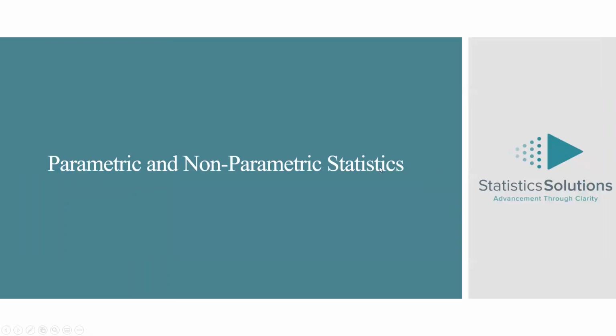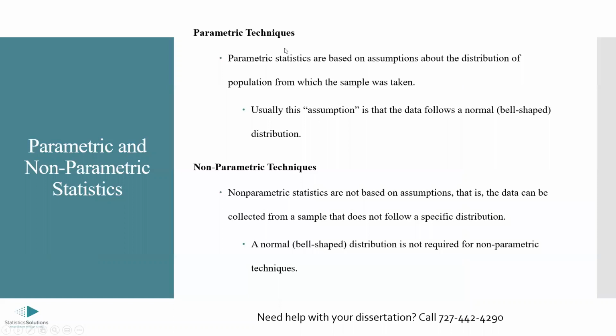So we'll start out today with tests of differences. And before we actually dive into that topic, it's good to have a foundation for what types of statistics there are. So there are both parametric and non-parametric statistics. Parametric techniques are based on assumptions about your data.